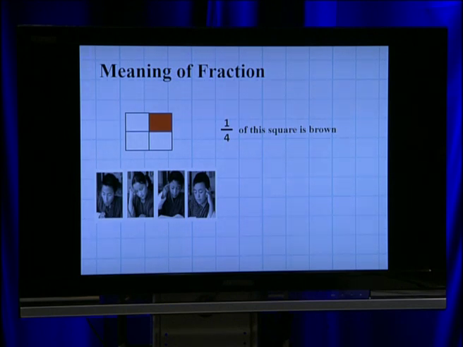Can you see some students? How many girls are there? There is just 1 girl. How many boys are there? There are 3 boys. Now, in this picture, we take the fraction 1/4, which says that 1/4 of this group of students is girls. Likewise, fractions can tell us a lot of things.